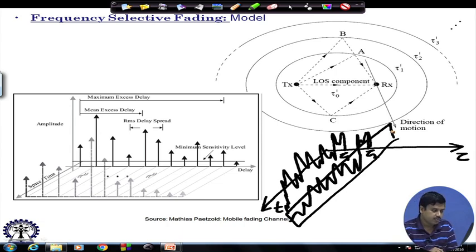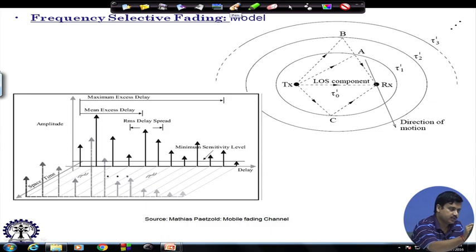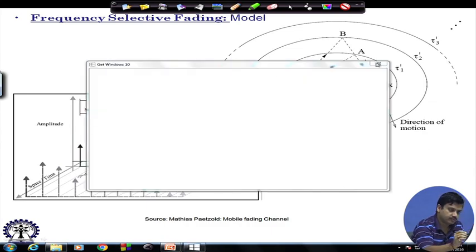So, we move a step beyond that, and these paths are now resolvable, as we have already said. Instead of sending a continuous wave at this particular stage, we send an impulse now.